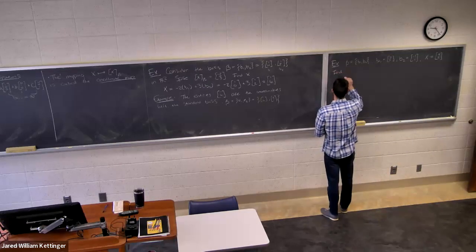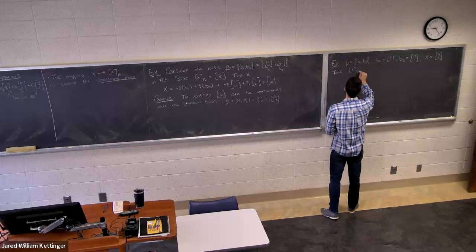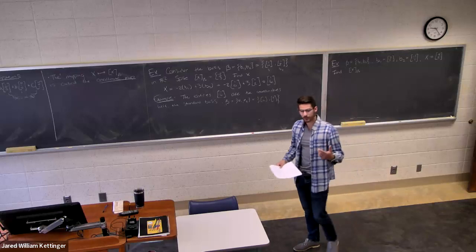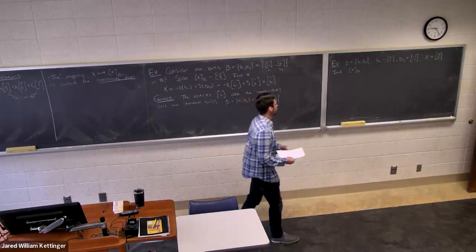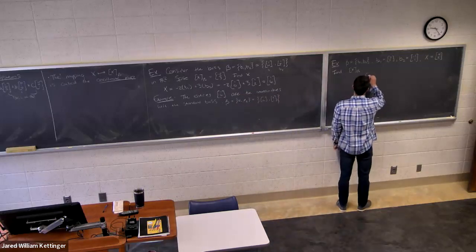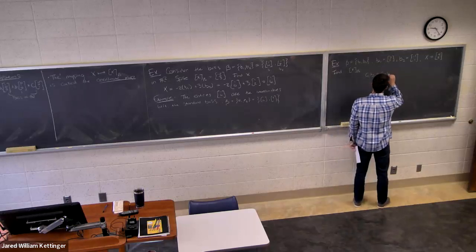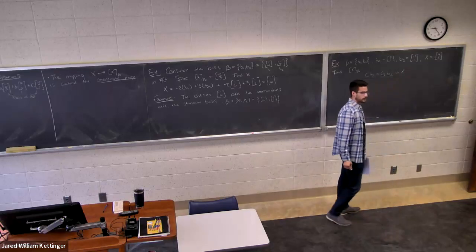And we want to find the coordinate vector. So now we're given an element, we're given the basis. I'm asking you to find the weights. So essentially what it's asking us for is find the c1 and c2 such that this is equal to x, right?